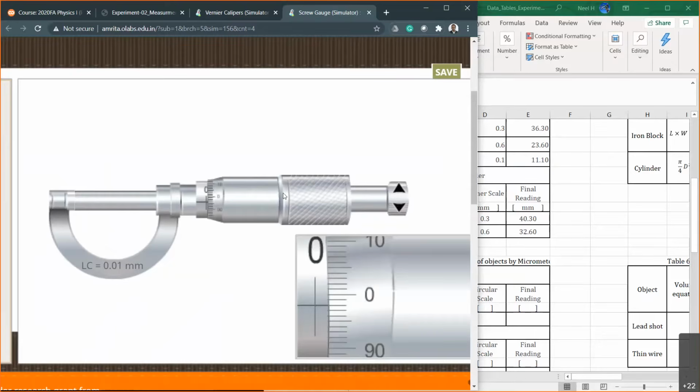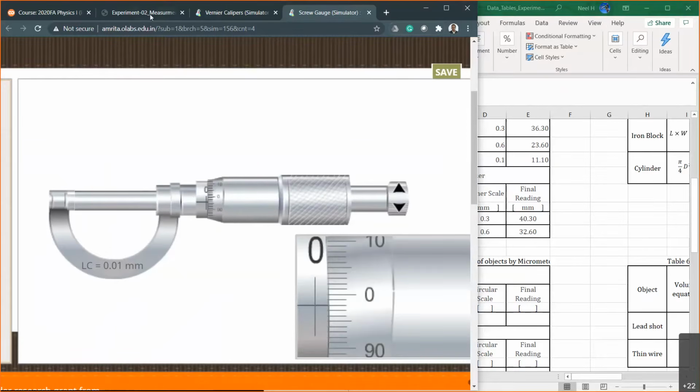But if you're rotating from here, you can actually apply a force and rotate more and more. As a result, sometimes this circular scale can go in more and crash in. That will actually create the error called the zero error. Sometimes zero error plays a major role in this instrument.